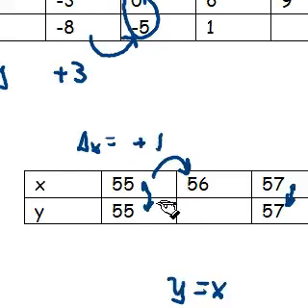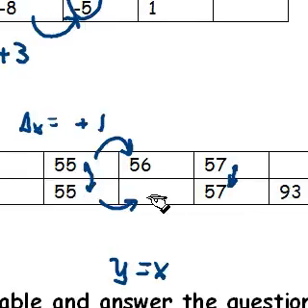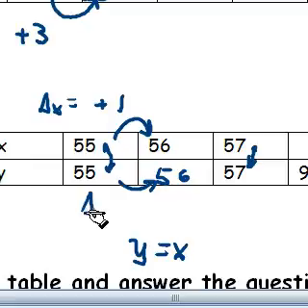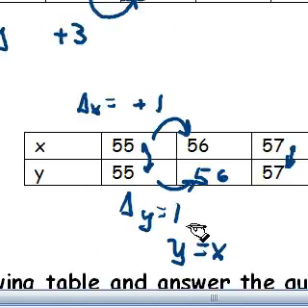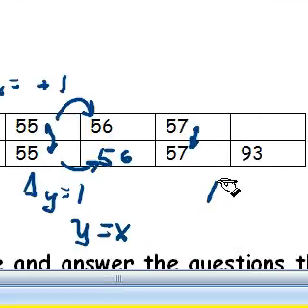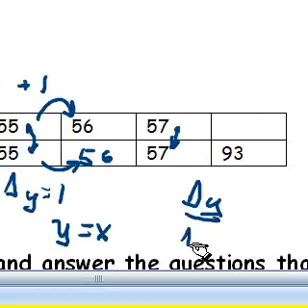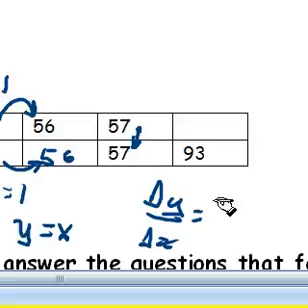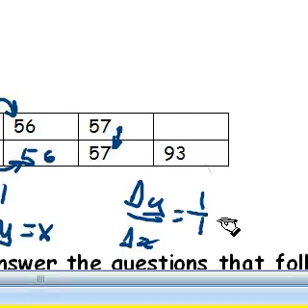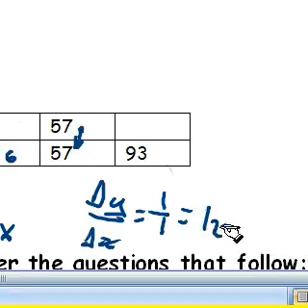This was an increase in 1, and using our intuition, we know that the number 56 went in this box, so the change in y here is also 1. So that means our rate, delta y over delta x, equals 1 over 1, which equals 1x.